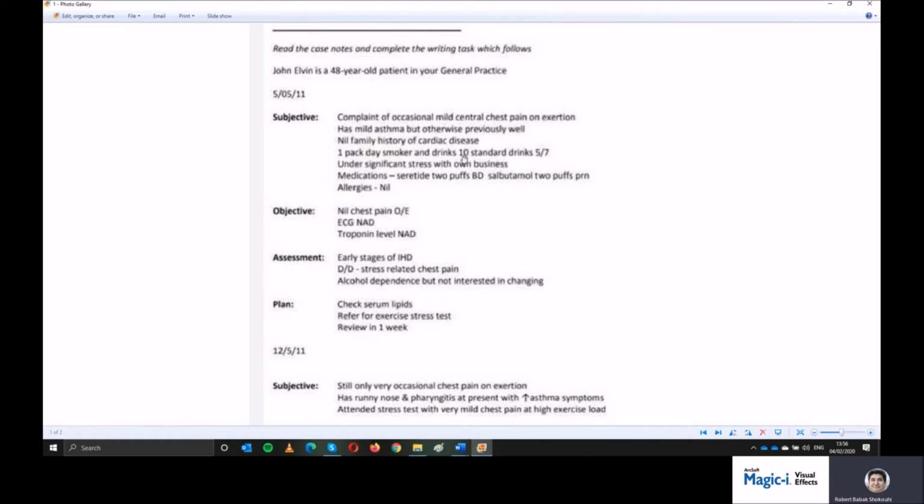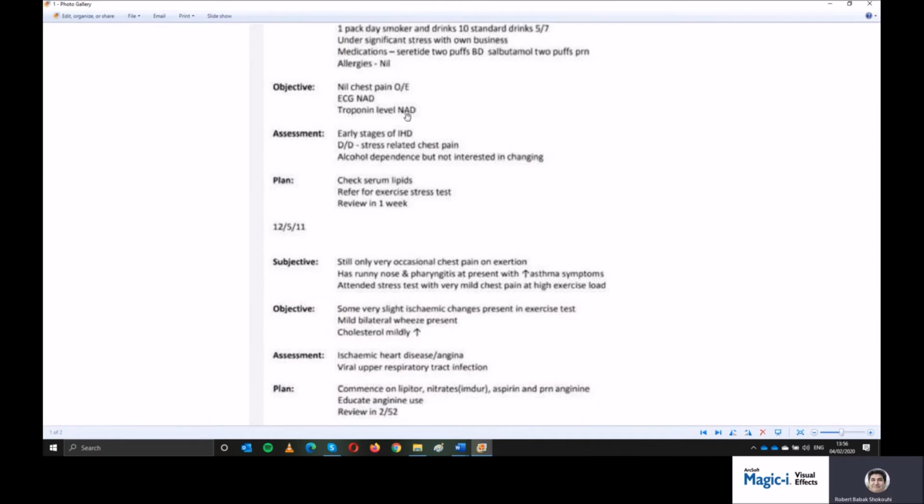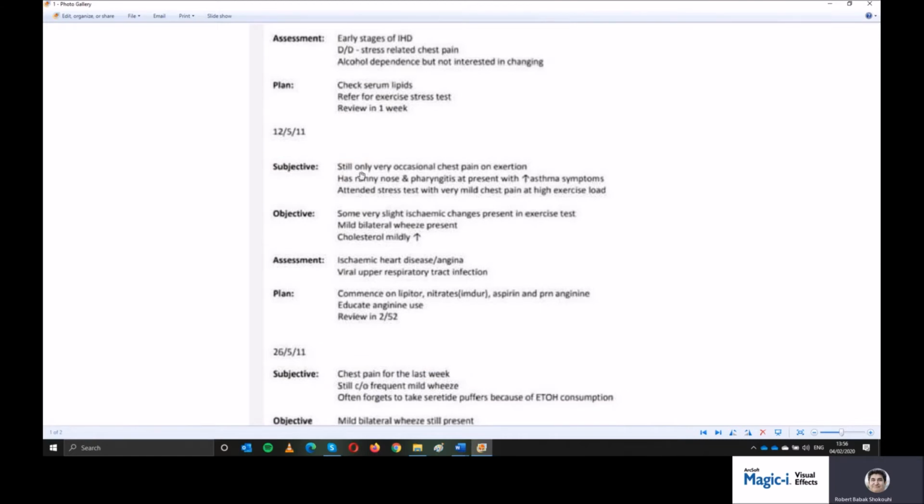And he smokes this much, under stress: serotype, salbutamol, and troponin normal. So he had some chest pain a month ago, but his troponin was negative. So there was no MI. And then I saw him 2 more times, once on the 12th of May, once on the 26th of May.